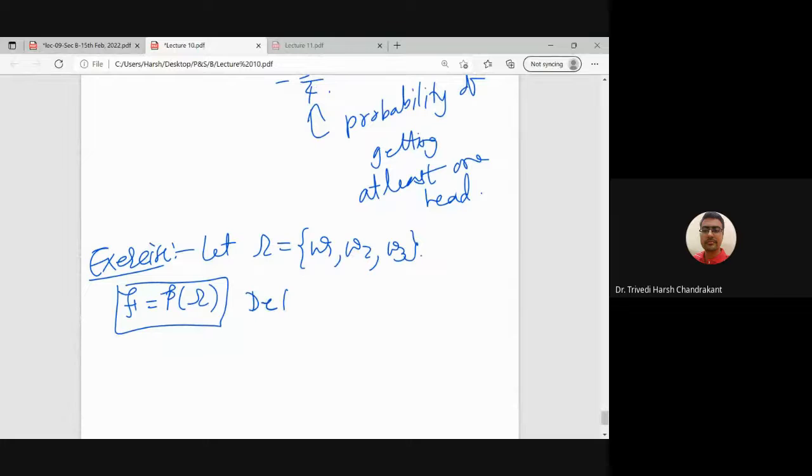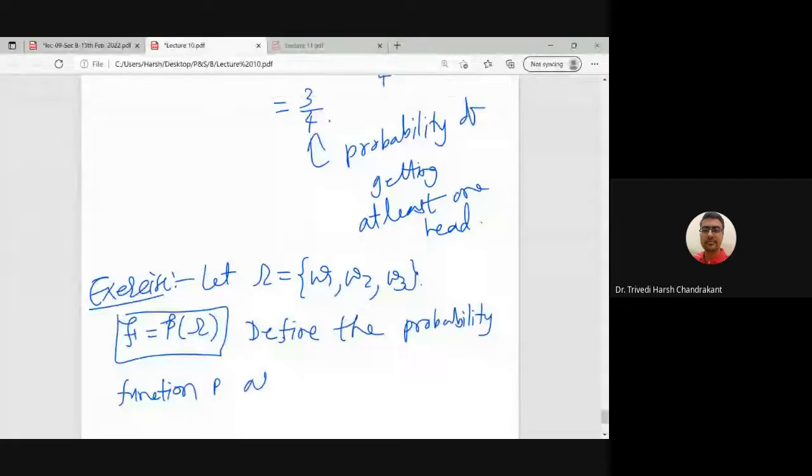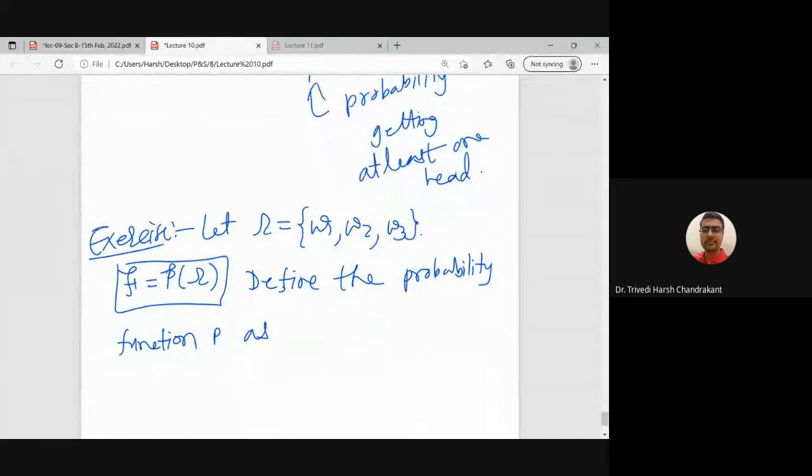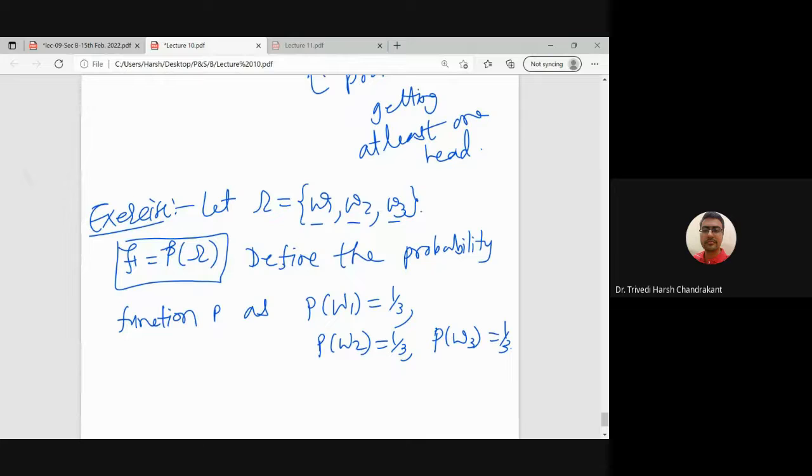So define the probability function P. We need to find the probability of all these three elements. So the easiest way we can define the probability is probability of W1 is 1 by 3, probability of W2 is 1 by 3, probability of W3 is 1 by 3. So we have given the equal weights.